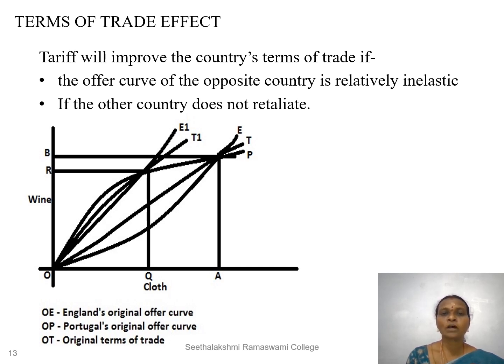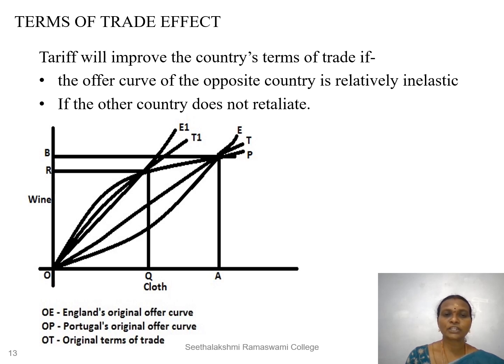particular country. So here in the y-axis, we are taking Portugal's product, wine, and in the x-axis, England's good, cloth. Here this x-axis represents England's good cloth, this y-axis represents Portugal's good wine.